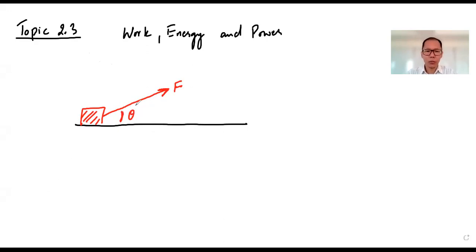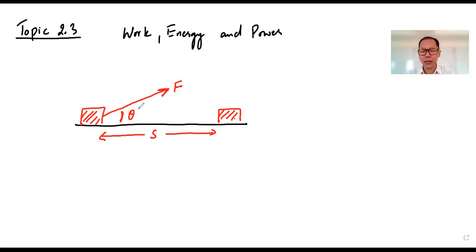Now, when we pull an object with force F at a certain angle theta, it still covers some displacement, right? So let's say the displacement is S here. The way we defined work was that work is done if the force applied on an object makes it cover some displacement, and the force and the displacement have to be parallel.